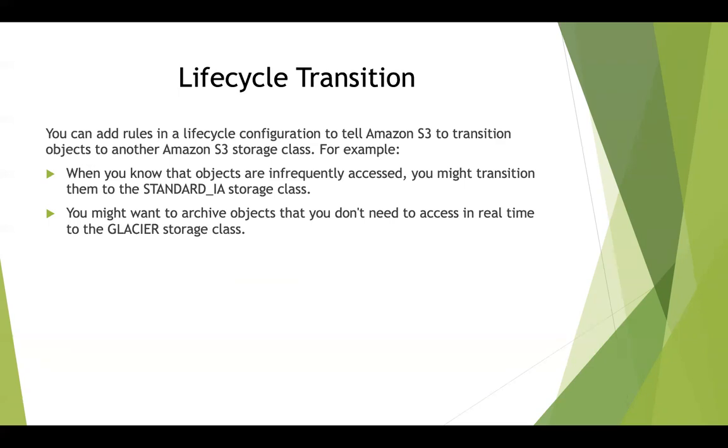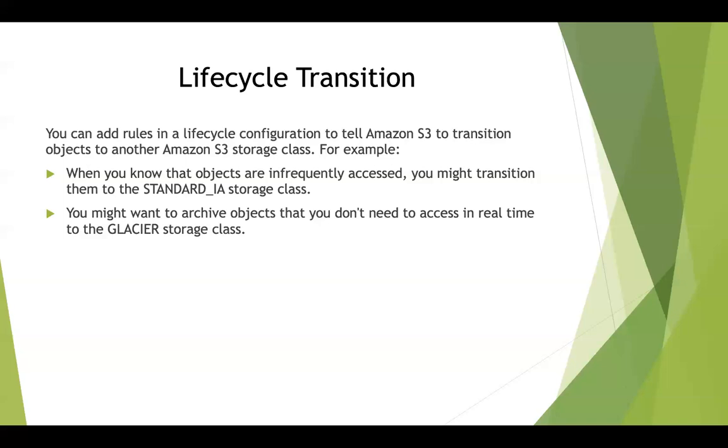For that, you might want to create a lifecycle transition rule that transitions the objects from S3 Standard to S3 IA. Similarly, let's say you're not going to access some objects for more than a year, or more than 180 days, or more than 250 days, and so on.